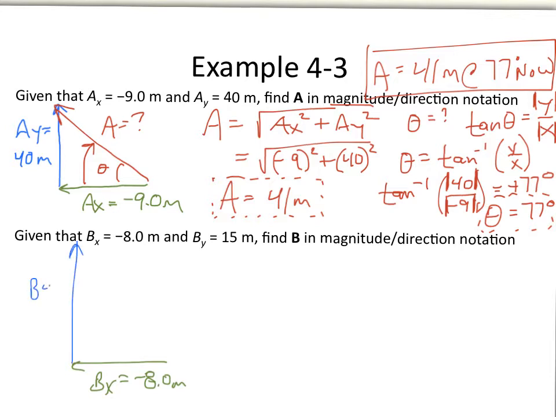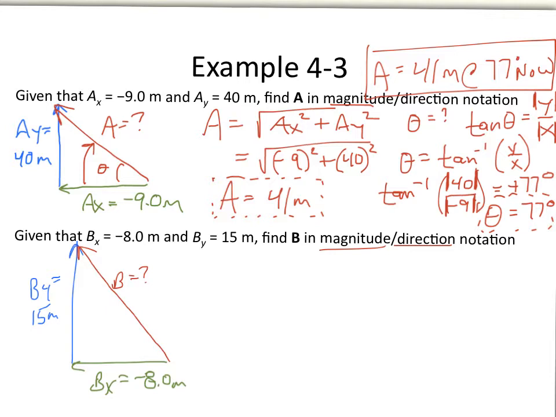So By equals 15 meters, and we want to find the resultant vector of that. Again, we start at the origin and go right up just like that. Our vector B is what we're solving for. We want its magnitude and we want its direction, what angle above what axis.